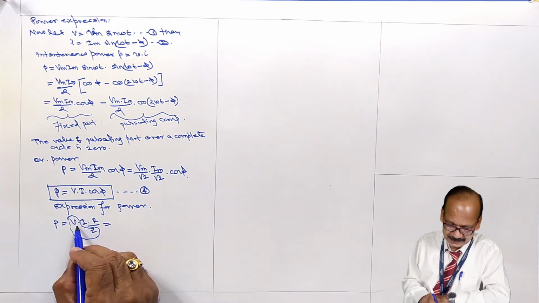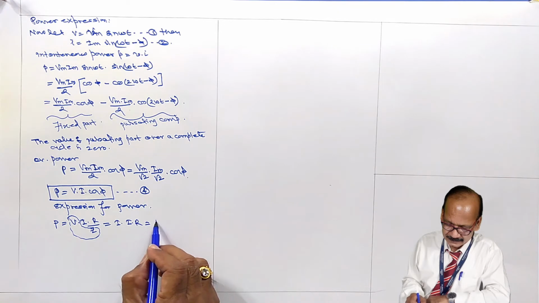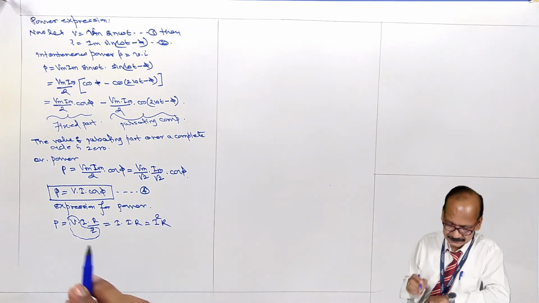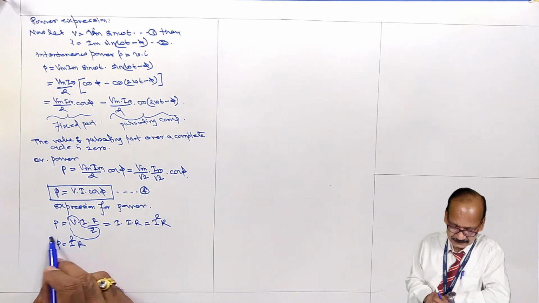This is nothing but current. So this is current I into R. So it is I square R. So P equal to I square R.